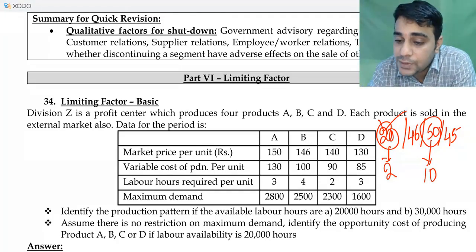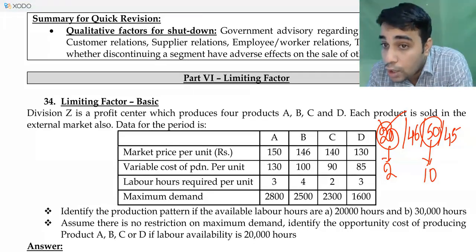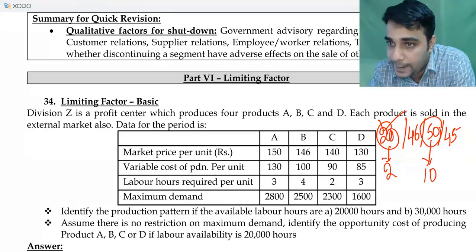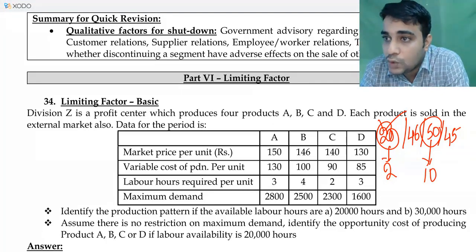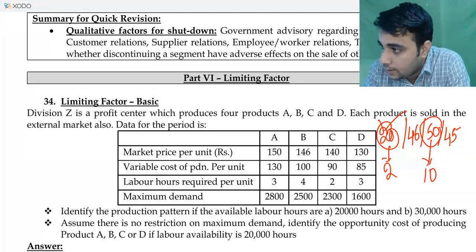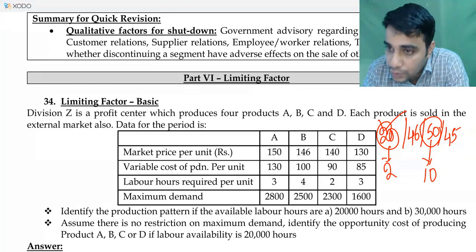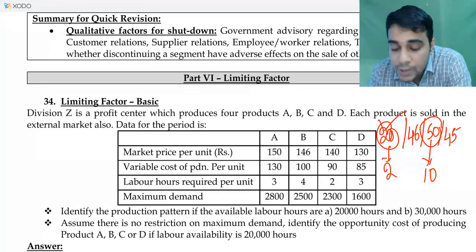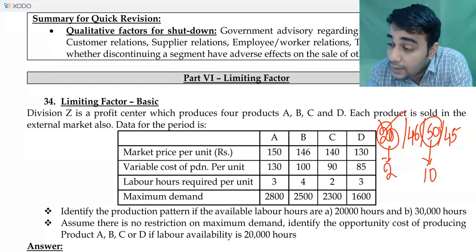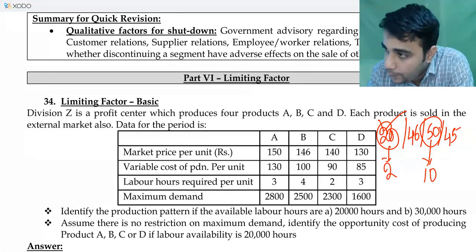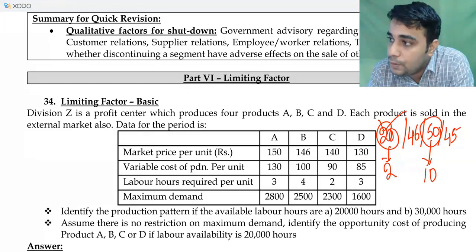My objective is to maximize the contribution per hour of labor, because labor is the precious resource for us. I don't want to even waste 1 hour. Whatever time is being utilized, that time should ideally give me maximum benefit. How will it give maximum benefit? If it provides me higher contribution per hour.